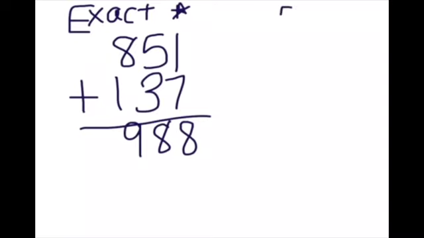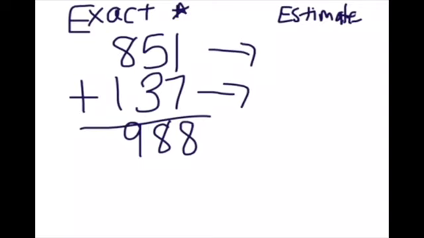Next, I'm going to find my estimated answer, and I hope that you remembered, kind of as a hint, estimate, sorry. I hope you remembered to draw that arrow for each number, because you know you need to round 851 to the nearest 100. And you have to round 137 to the nearest 100.